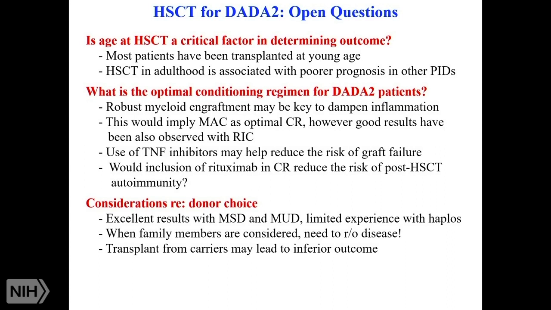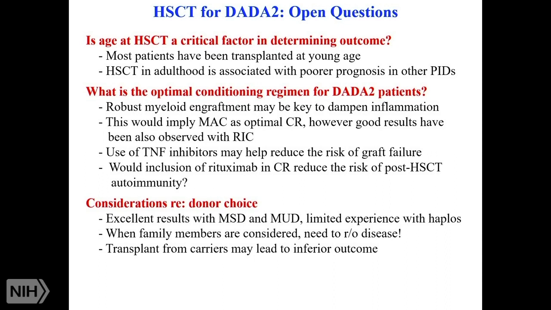In terms of the donor choice, again, excellent results have been obtained with matched sibling donors and unrelated donors. There is very limited experience with haploidentical donors. That's another area that needs to be investigated. We're doing better and better with transplantation from haploidentical donors in many different diseases. So I wouldn't be surprised if the same was true also for DADA2 deficiency and other autoinflammatory diseases, but it has to be proven.